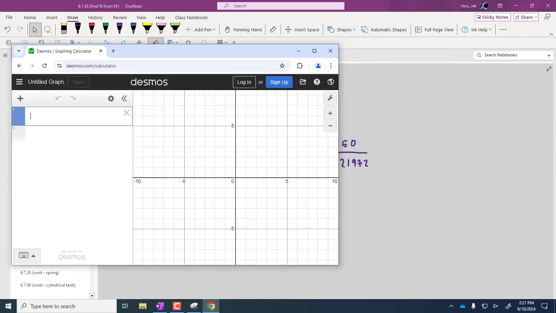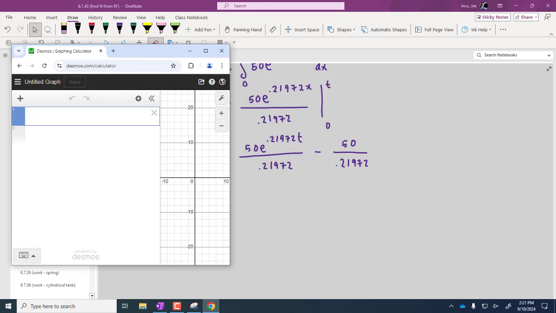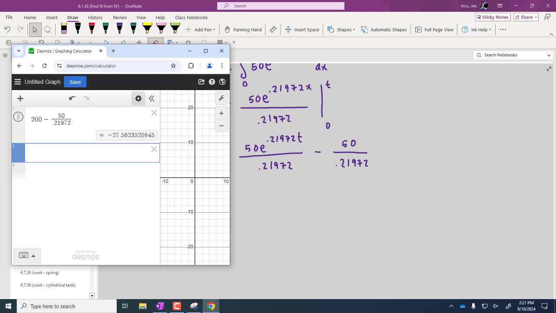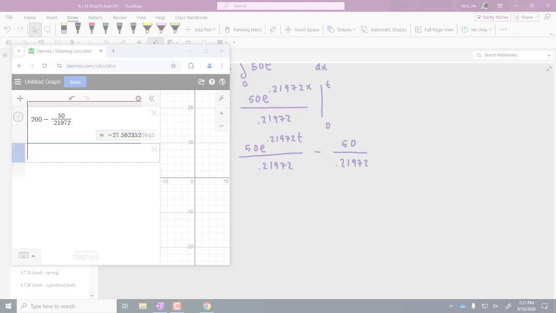So do whatever you would do in your calculator at this stage. And if there's any rounding, remember that we never round unless asked to round. So in a case like this, when we see this answer here, we're going to have to do some rounding. So on a problem like this, I will tell you what to round to. So whatever the question says to do, just do it.